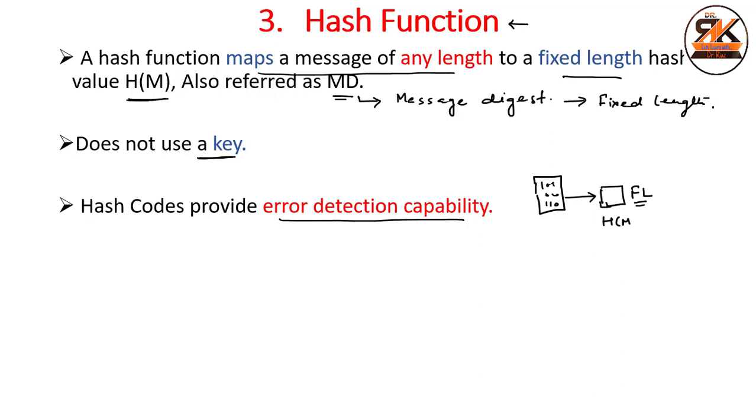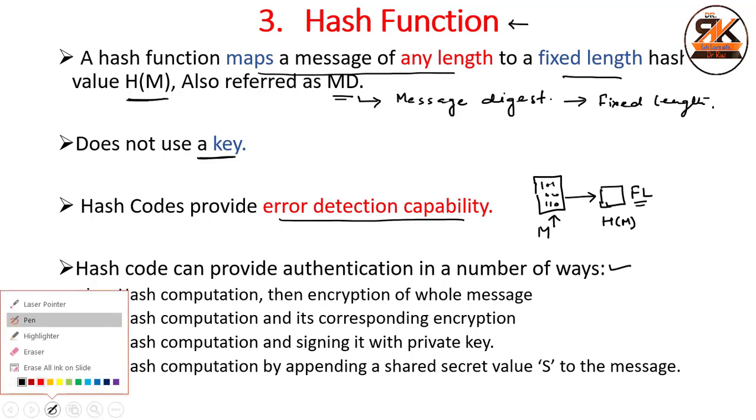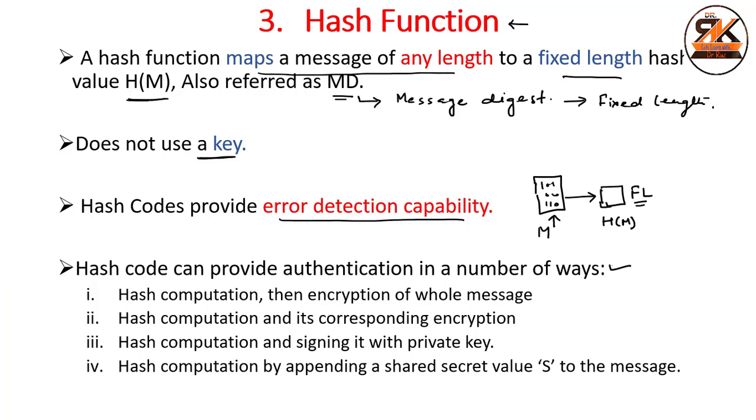It is calculated from the message. So the error detection capability is there because it is a function of all the bits that we are using in the message. Hash code can provide authentication in a number of ways. There are different ways by which this hash code provides authentication to the message.